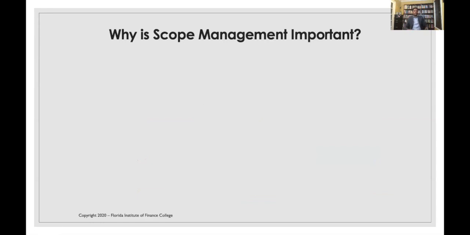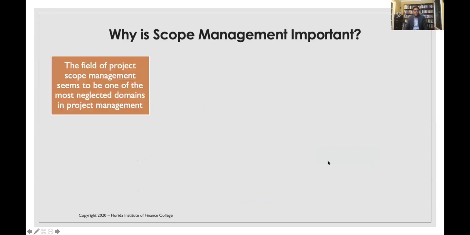Now, before we go there, let's talk about why we care. Why is scope management important? Because the field of project scope management seems to be one of the most neglected domains in project management.